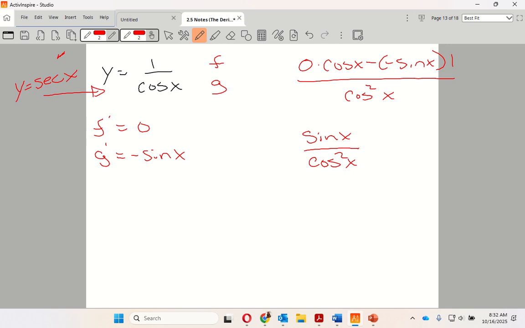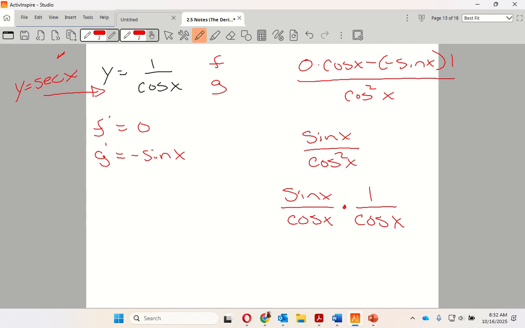So I'm going to rewrite this and separate that square: sine x over cosine x times 1 over cosine x. That's still my cosine squared, isn't it? Yeah, you zoned out on me. I saw it all glossy. Is that still cosine times cosine, cosine squared?